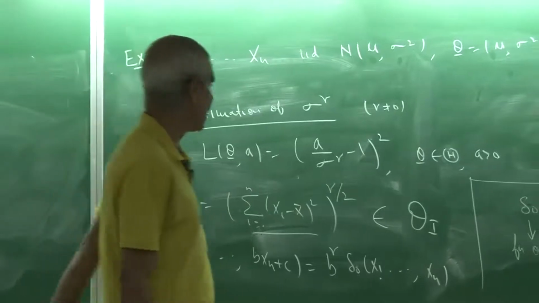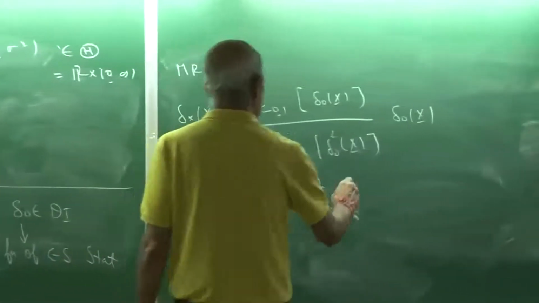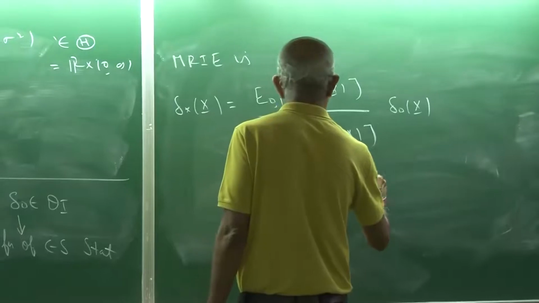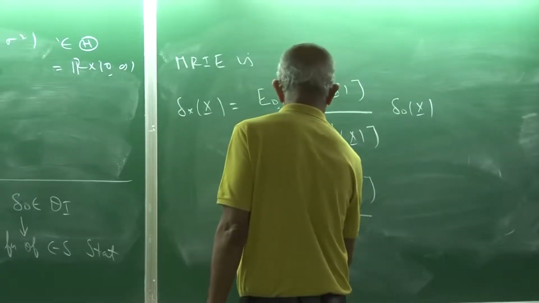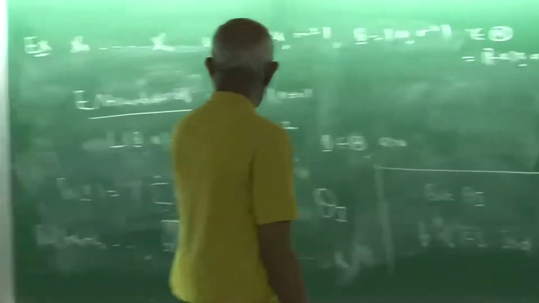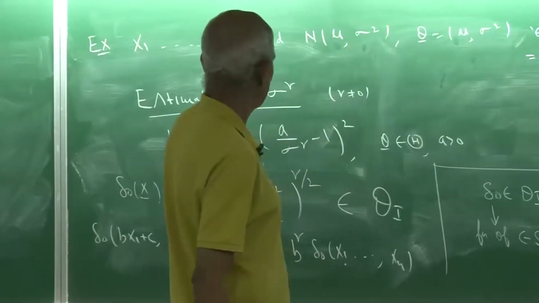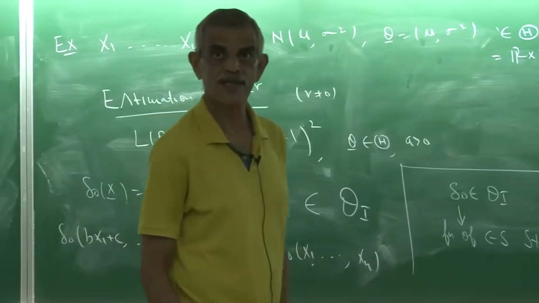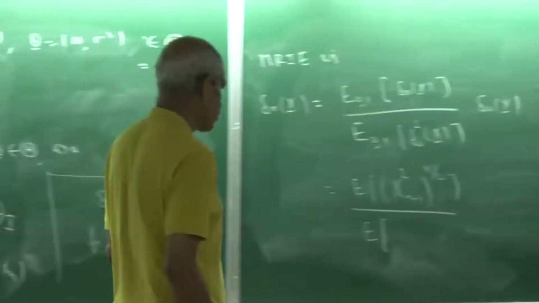So E0 chi square on n minus 1 to the power r by 2, divided by the expected value of delta naught square. Delta naught square is summation xi minus x bar whole square to power r, and summation xi minus x bar whole square is chi square on n minus 1.